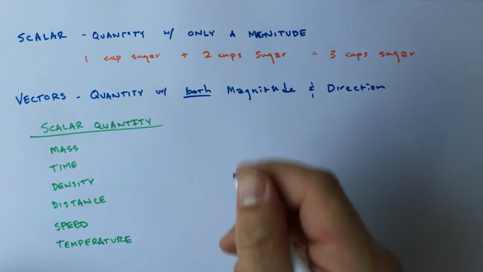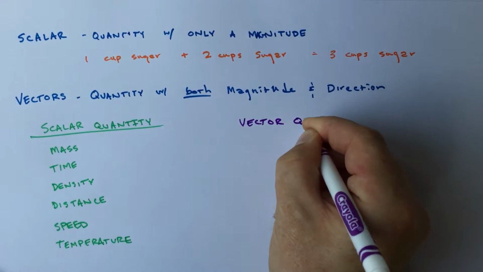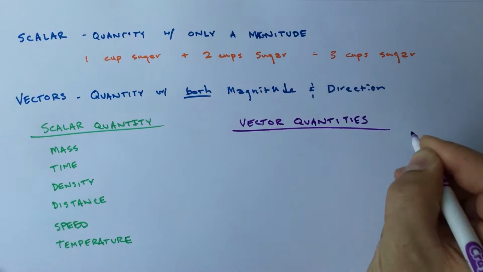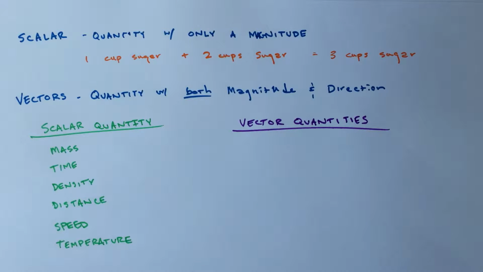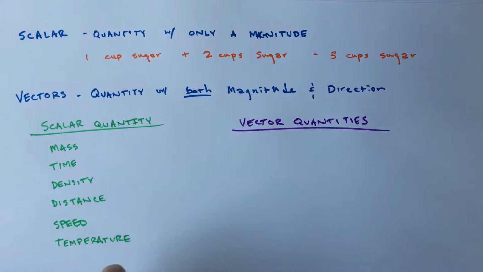By contrast, we have vector quantities. These include things like, well, if we look at distance, distance could have a direction, right? You could say, it's 100 meters. If I said, I have a prize for you, and you said, where is it?